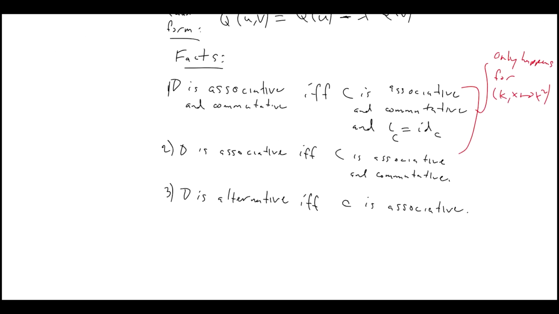Okay, so what you can see from this is that if you start with the one-dimensional composition algebra, you can only double 3 times.